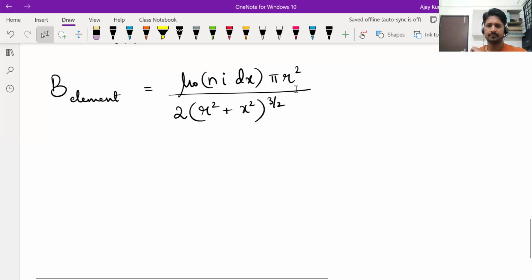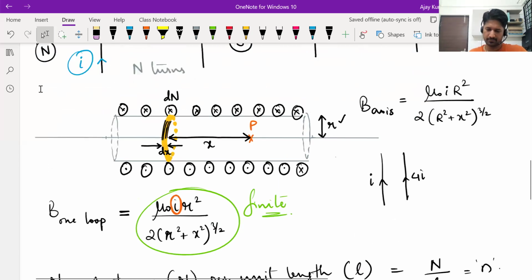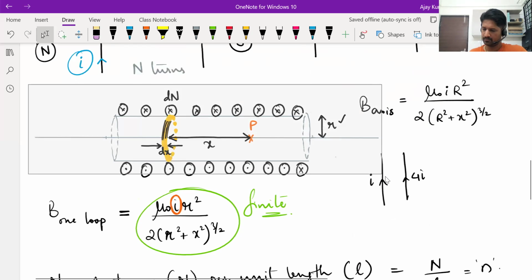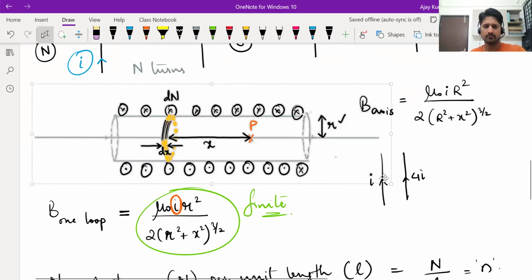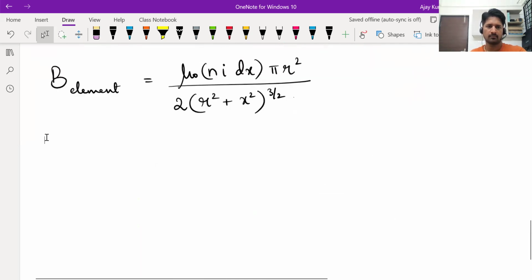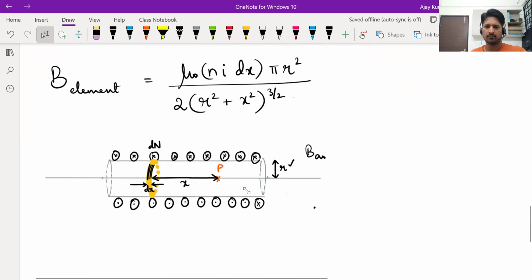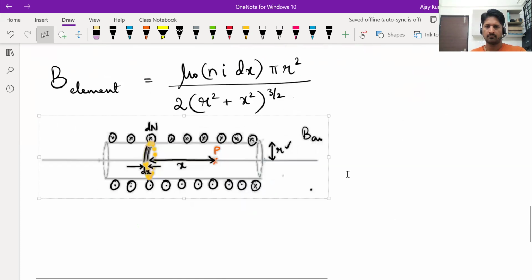Any doubts in this? Fine. We now need to integrate this. Let me copy the diagram also. To get the net field at the point P, we'll have to integrate this field expression.